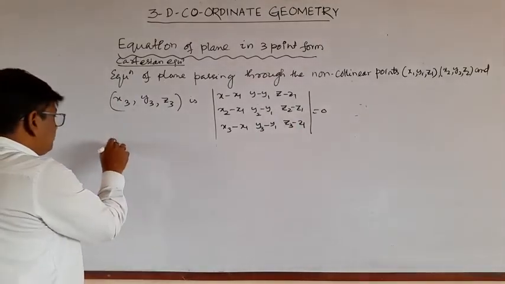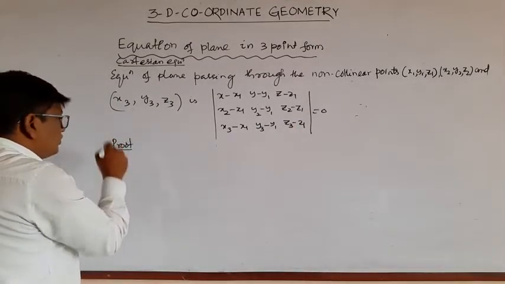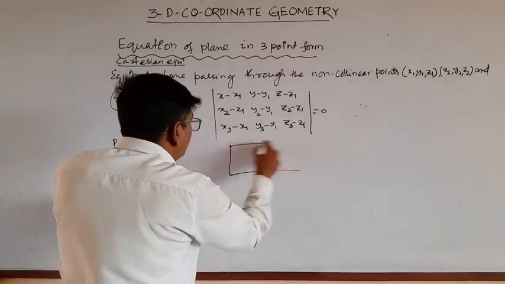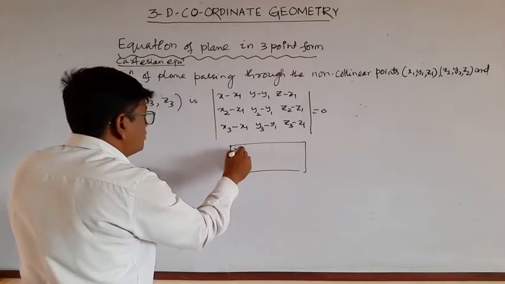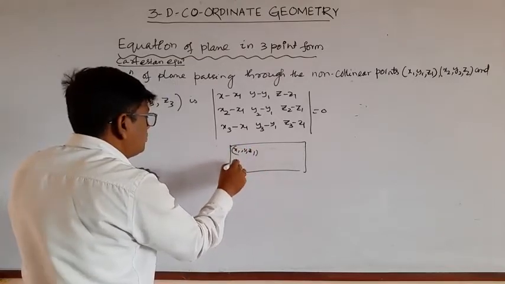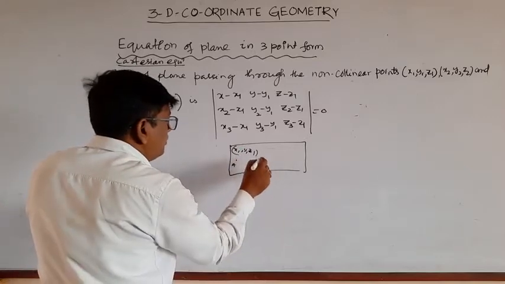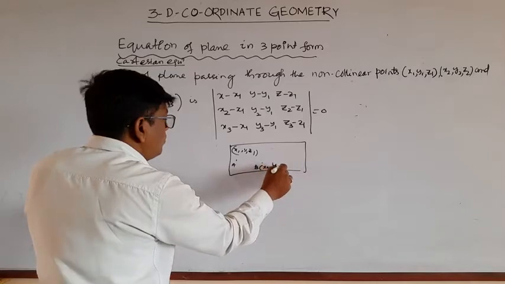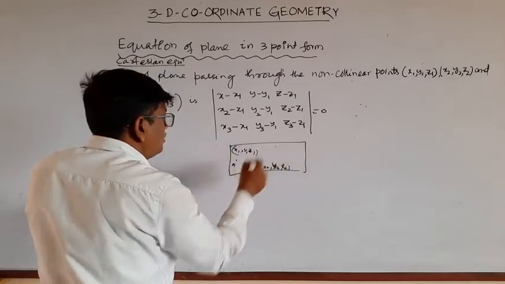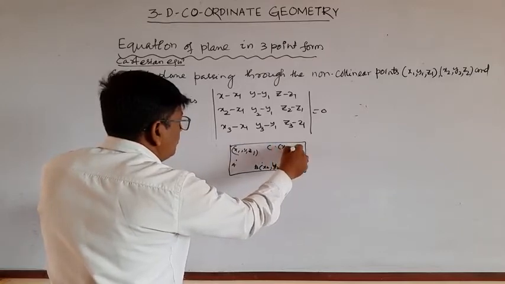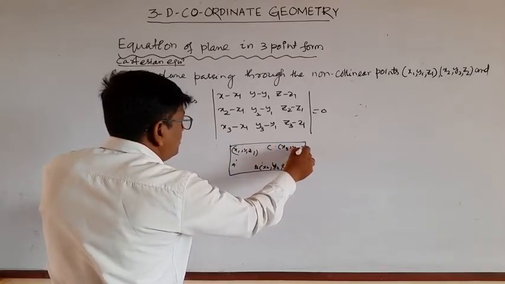Proof. Suppose this is the plane, and here are 3 points: x1, y1, z1, this is point A suppose, and this is point B, x2, y2, z2, and this is point C suppose, x3, y3, z3.